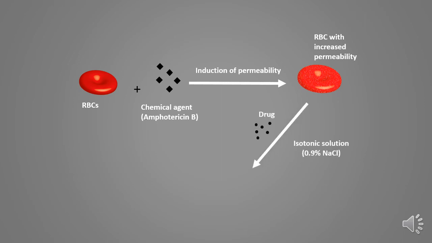So these erythrocytes are then treated with the drug and isotonic solution, leading to the absorption of the drug inside these erythrocytes. And they are now called resealed RBCs or resealed erythrocytes. They can be re-injected into the organism for drug delivery.